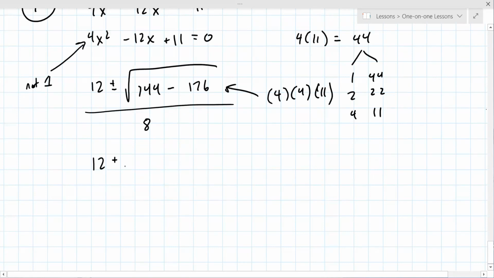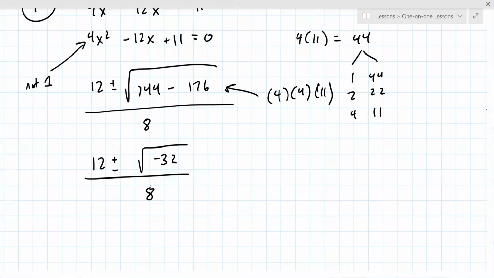So you got 12 plus or minus the square root of negative 32 over 8. And as the class you're in, complex results are okay, so you're going to get an i in your answer. So you get 12 plus or minus i root 32 over 8, but I can also simplify that root 32 into 16 times 2, so it's 4 root 2.